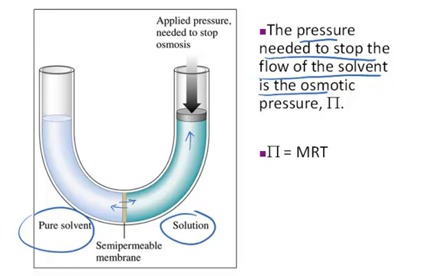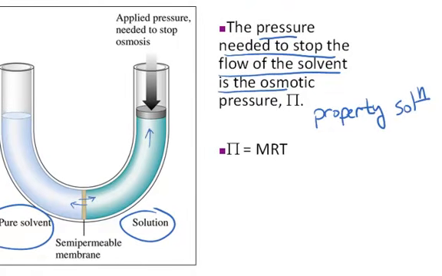And the osmotic pressure is a property of the solution. That is, it's a colligative property of the solution, and it's dependent solely on the number of solute particles, not the type. And the equation for osmotic pressure, it's pi, and that's just to distinguish it from P, which is pressure.